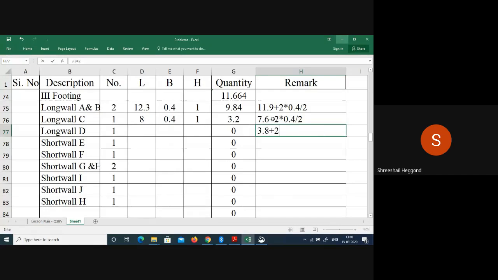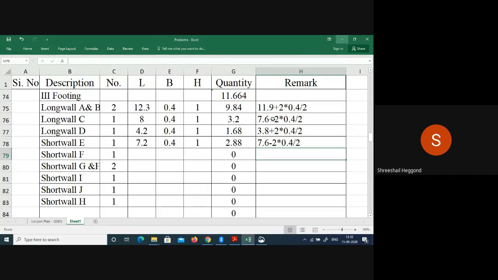Plus both the sides you have to add, that is 0.4 divided by 2. That is 4.2, 1 meter. Total E center to center length is 7.6. Here you have to deduct 2 into 0.4 divided by 2. That will be of 7.2, 0.4, 1.